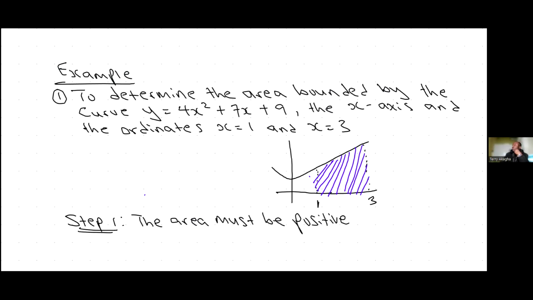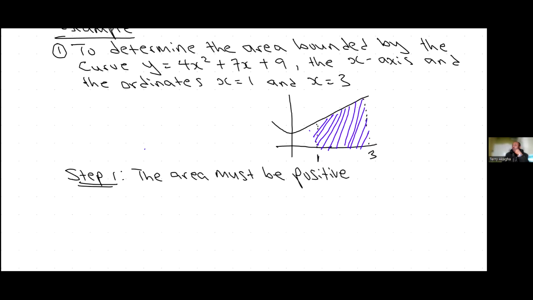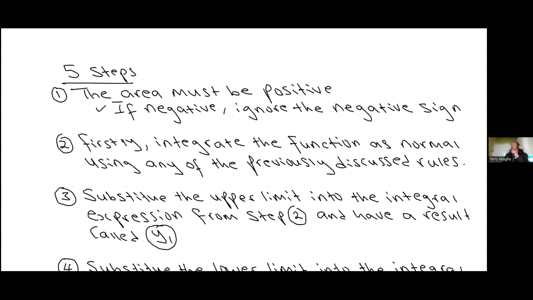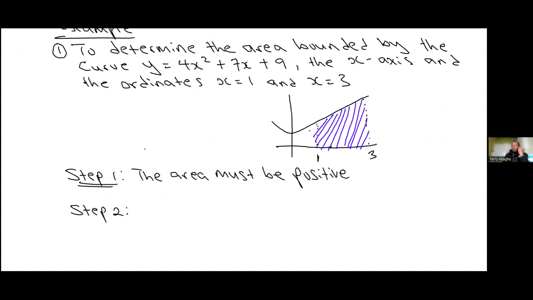Now step 2. What is the step in step 2? Step 2 says that we then have to integrate the function as normal using any of the previously discussed rules, okay? So if, for instance, we were given this integral, how would you have integrated it before? So we have 4x squared.